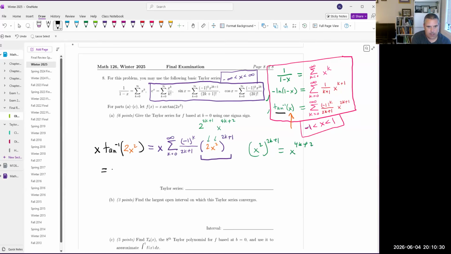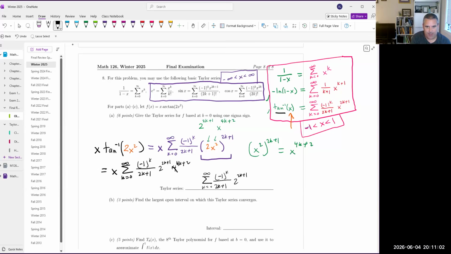So this is x times the sum from k equals 0 to infinity, -1 to the k, 2k plus 1, 2 to the 2k plus 1. And I'm going to distribute the x through. So this is the sum from k equals 0 to infinity, -1 to the k, 2k plus 1, 2 to the 2k plus 1.